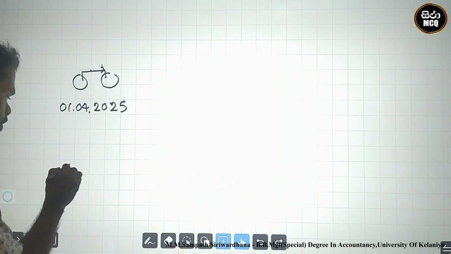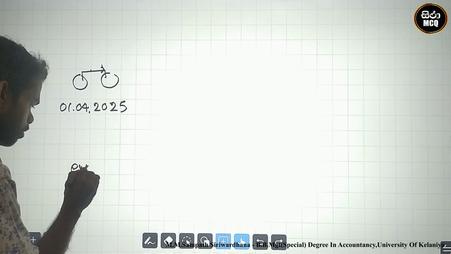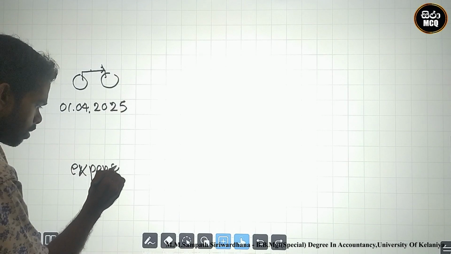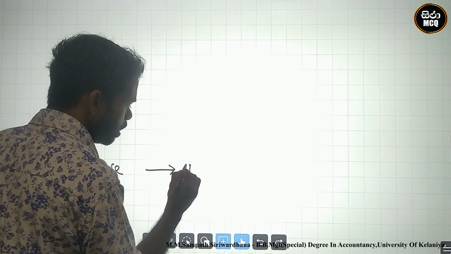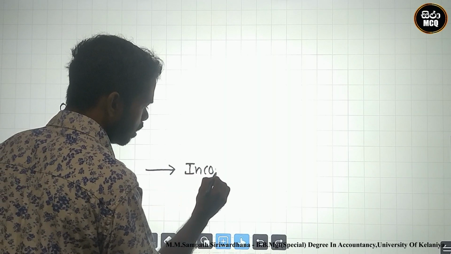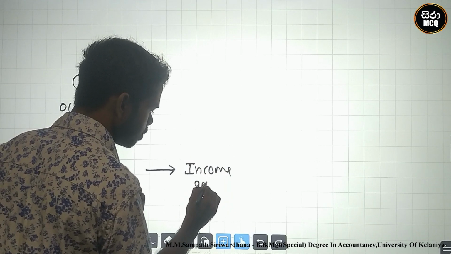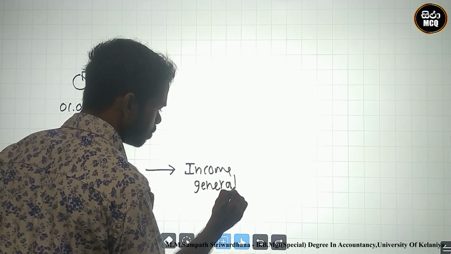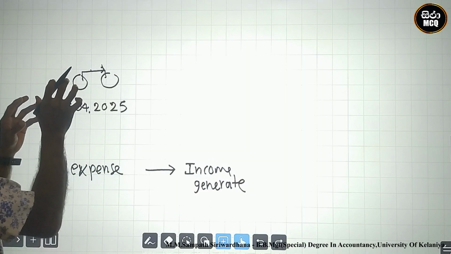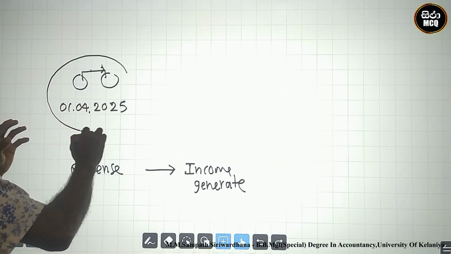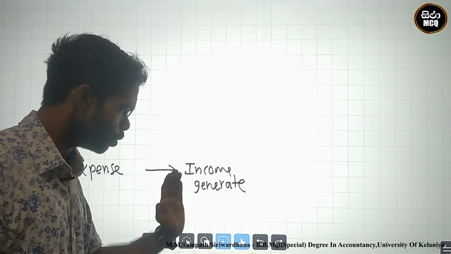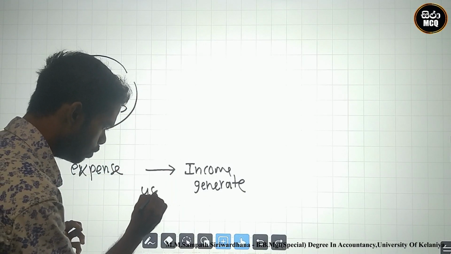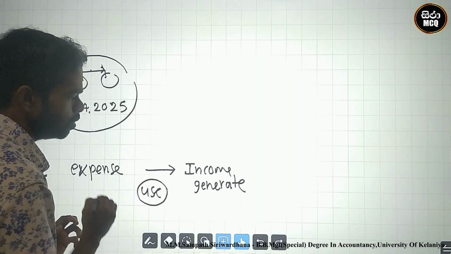If I purchase a bike for delivery purposes, it is used for an income generating unit.